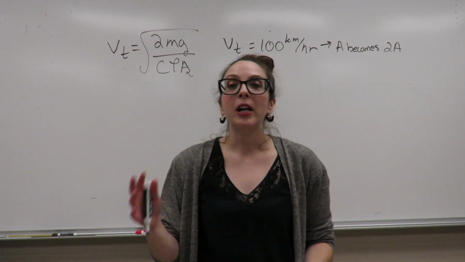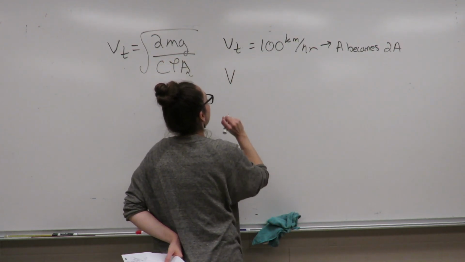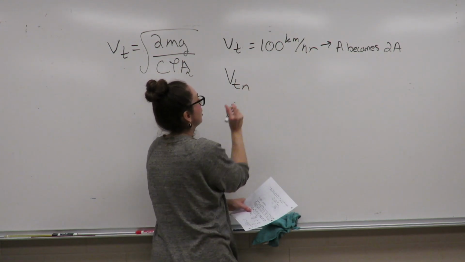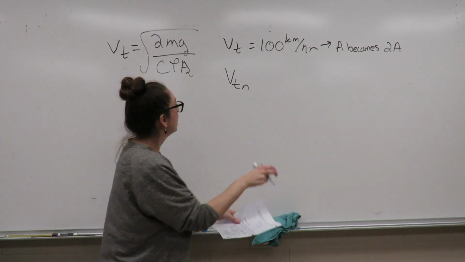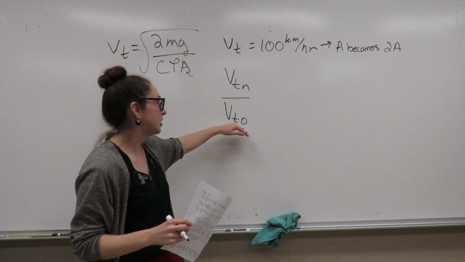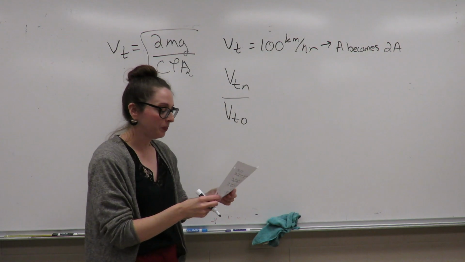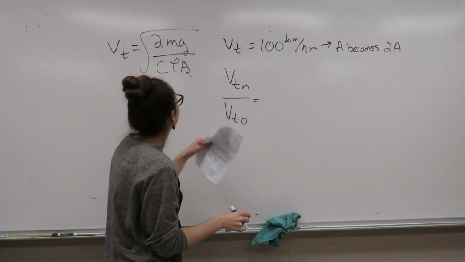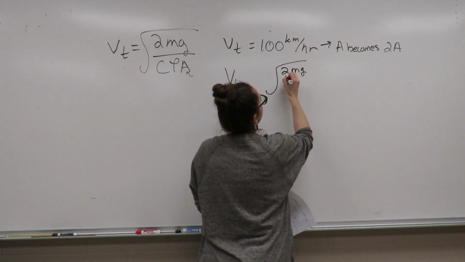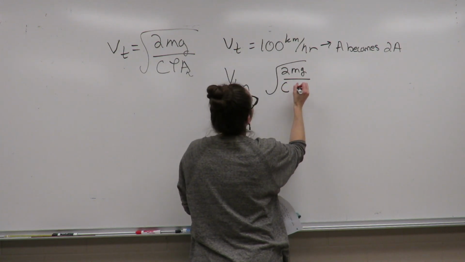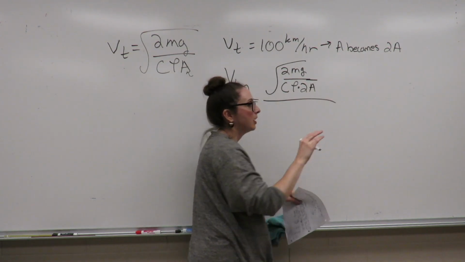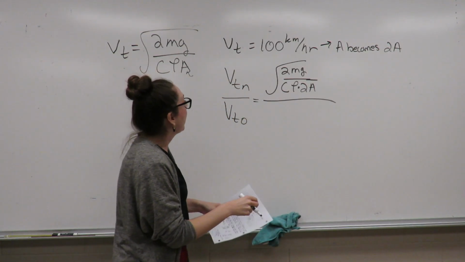So let's set up a ratio of the new terminal velocity of the cat, v sub n, divided by the original terminal velocity of the cat, which I'll call v sub o. And so we'll set that equal to, on top, the square root of 2 times mass times gravity of the cat divided by c rho times 2a, since it increased its area by a factor of 2.